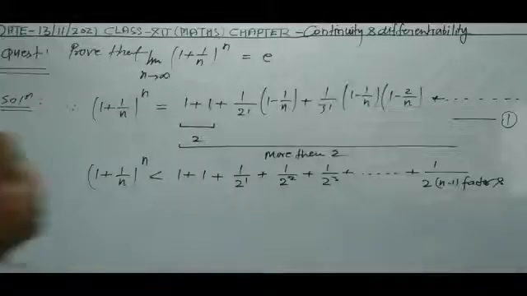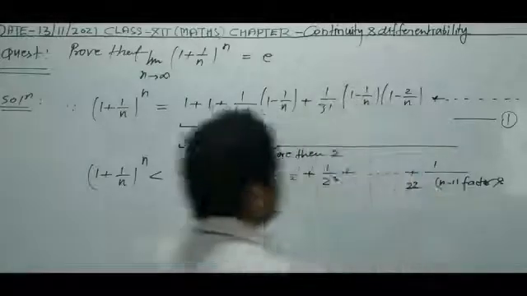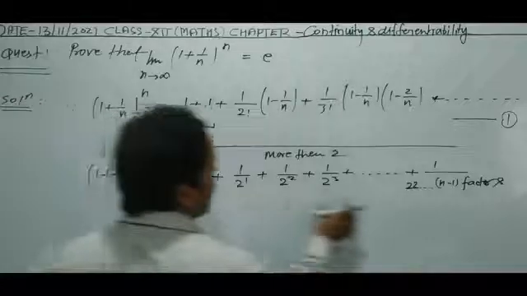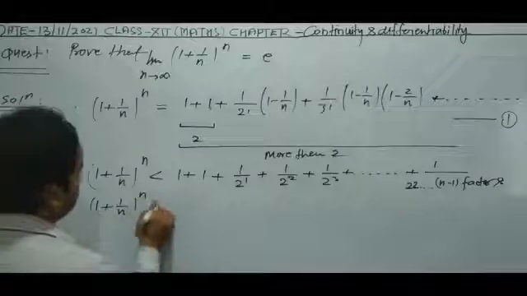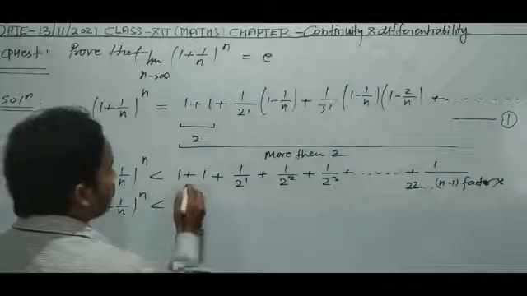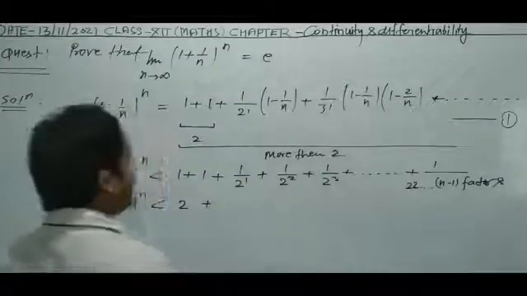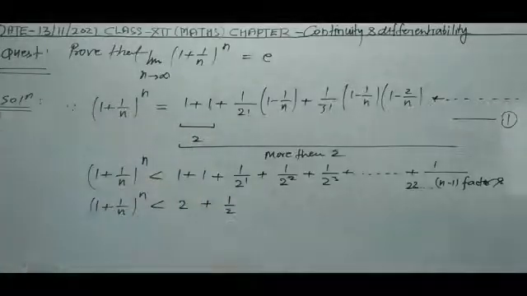Now it is clear the series is in GP. So (1 plus 1 by n) to the power n, this result is 2, you know, and directly we can solve it.